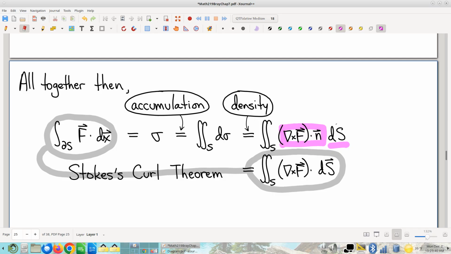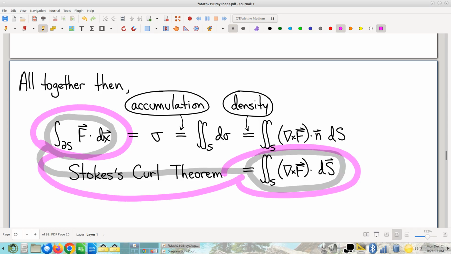But then you notice, neat observation, that the n part of the circulation density and the dS differential combine to make this vector differential that we've talked about previously, the dS vector. And so weirdly, it turns out that therefore, line integrals can be computed as a flux, which is not intuitively obvious. Right? This does not just leap off the page. The fact that this is a flux is, I would say, unexpected.